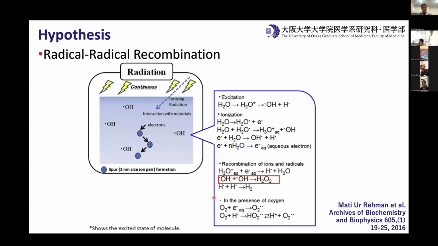As a result, radicals are more likely to react with each other, potentially forming relatively less cytotoxic species, such as hydrogen peroxide. So this hypothesis is called radical recombination.